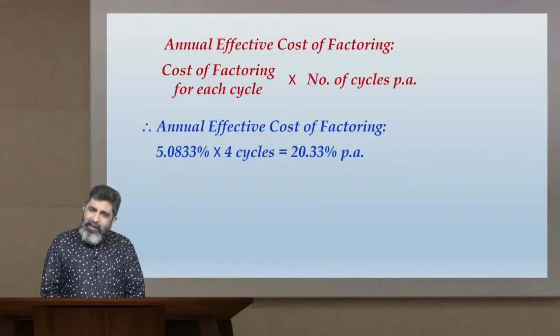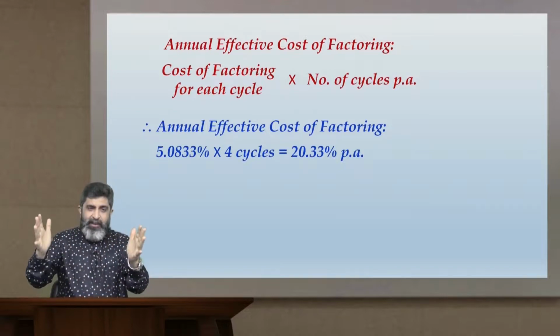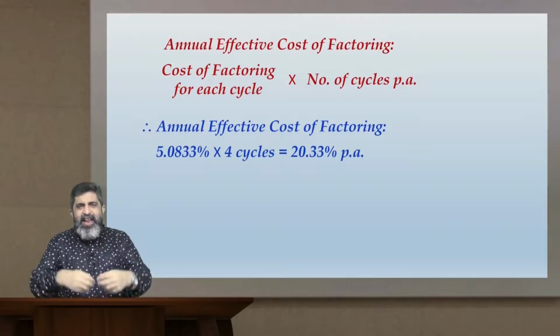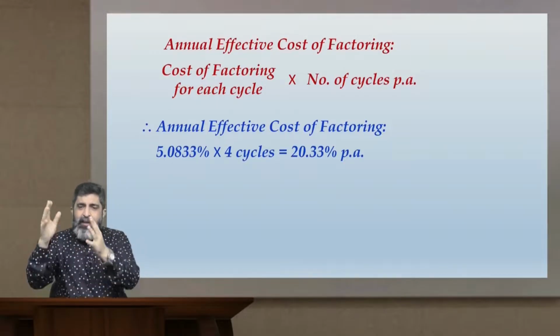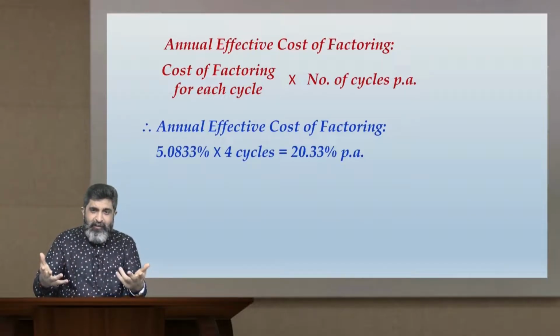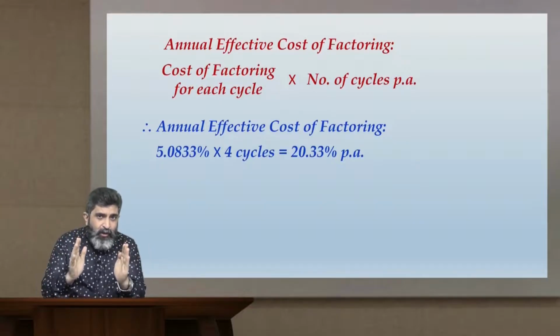So, if you agree with me on that, imagine a situation where we have two alternatives: the factor is willing to advance at, say, 18%, and the bank is also willing to advance at 15%. Some people may go wrong on a point.